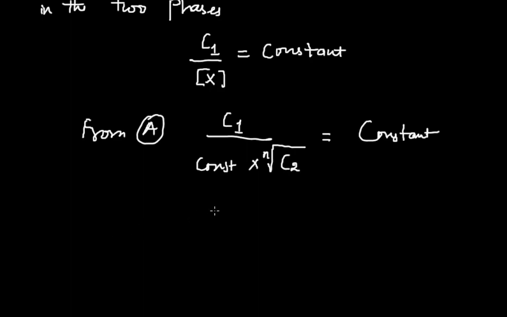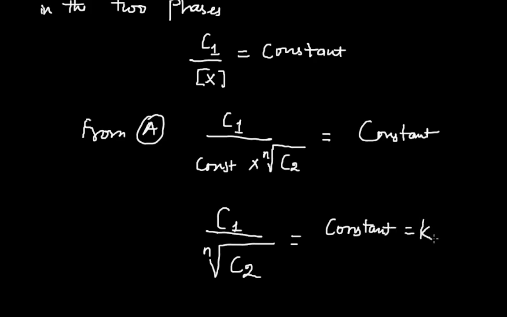Your Nernst distribution law, which was C1 divided by C2 equal to constant, will be modified as C1 divided by the nth root of C2 is equal to constant, which I want to call Kd.